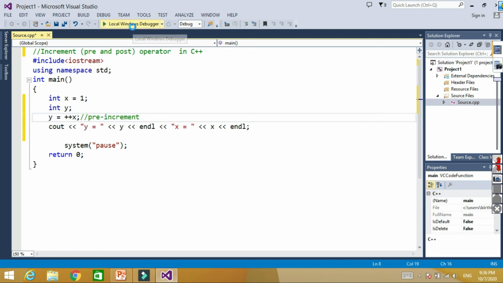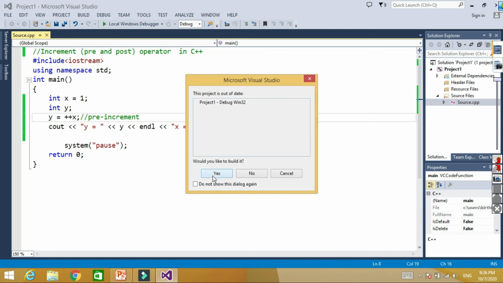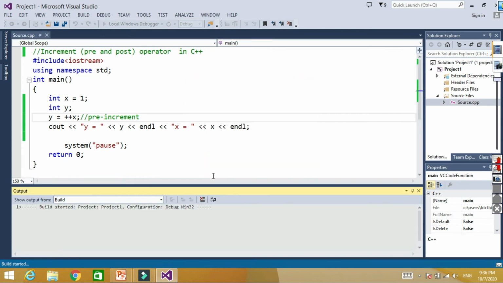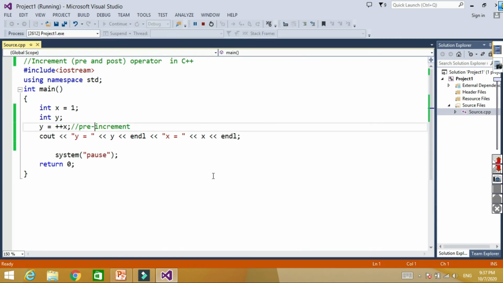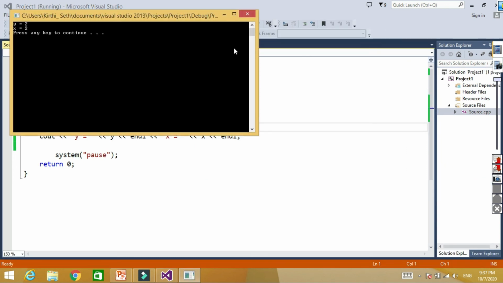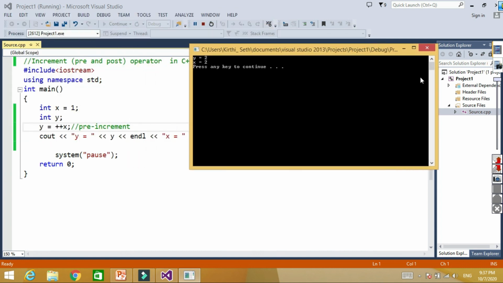Let us run it and check it. So here y is equal to 2 and x is equal to 2.